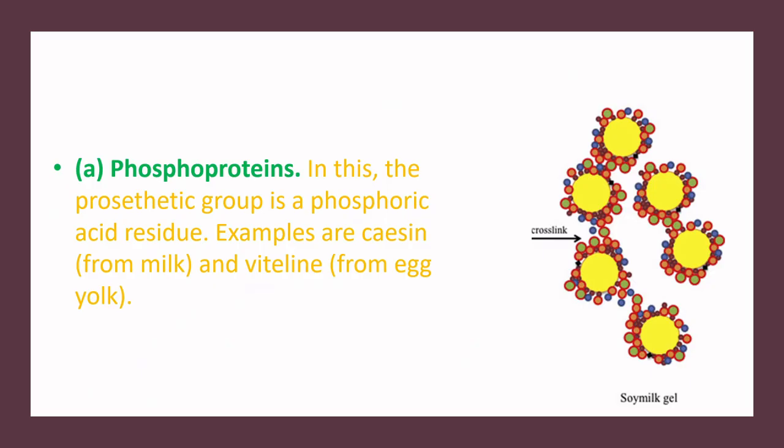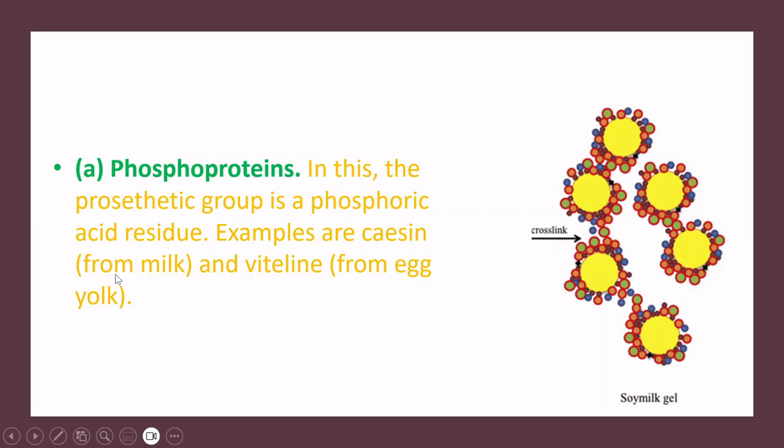Now, some examples of conjugated proteins are, first one, phosphoprotein. In phosphoprotein, as the name indicates, the prosthetic group present is phosphoric acid. Example of phosphoprotein is casein.